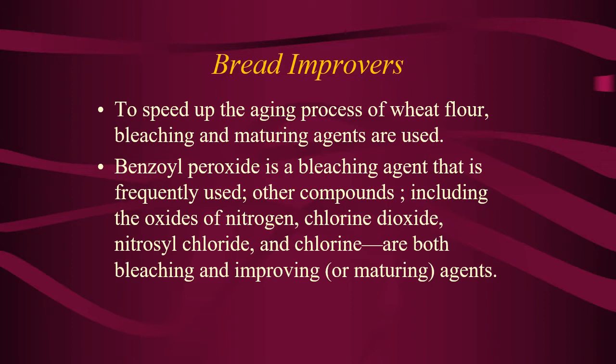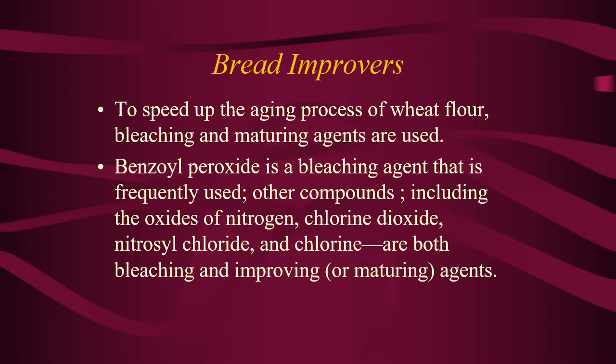Another type of food additive other than emulsifiers is what we call bread improvers. Usually bread improvers are known as bleaching or maturing agents, which are used to speed up the aging process of wheat flour.